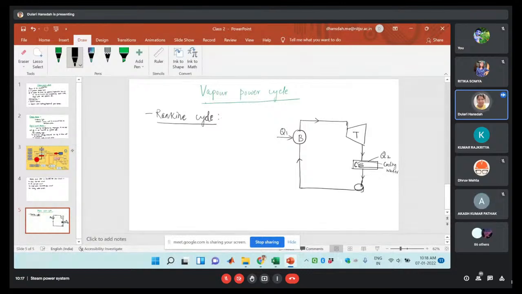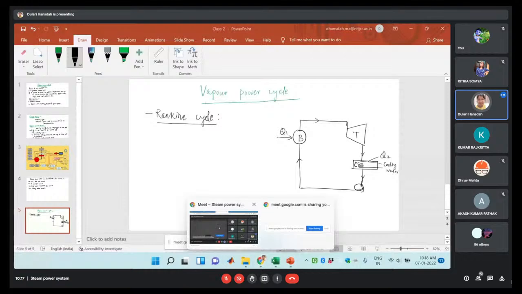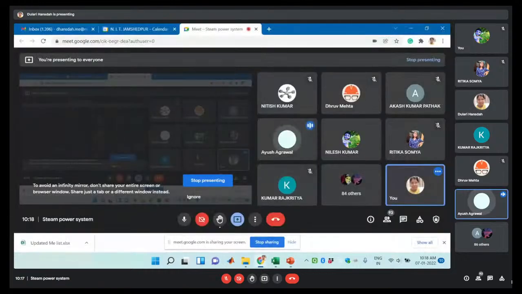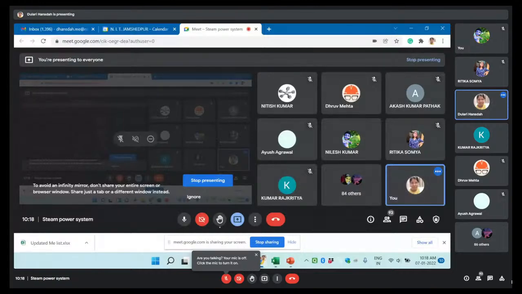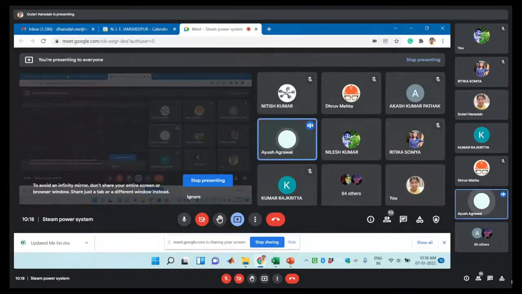If you remember, can you tell me what the gas power cycles are? Brayton cycle, and only Brayton cycle? So what is Brayton cycle, Ayush? Tell me. In this, gas is utilized as the fuel.